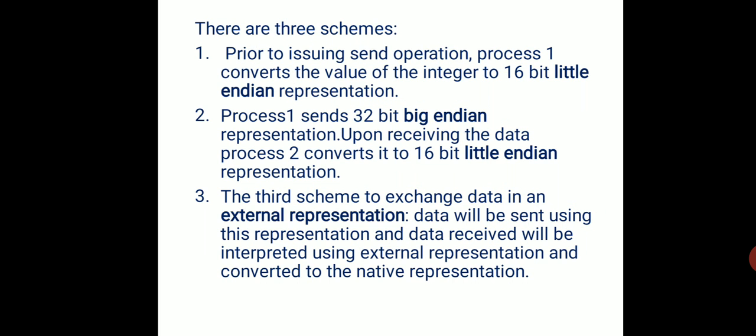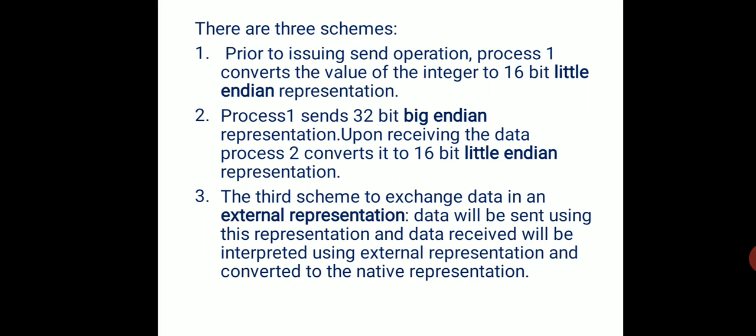Here there are 3 schemes. Process 1 sends data to process 2, where process 1 is 32-bit and process 2 is 16-bit. In the first scheme, prior to issuing the send operation, process 1 converts the value of the integer, the sending value of data, to 16-bit little endian representation.